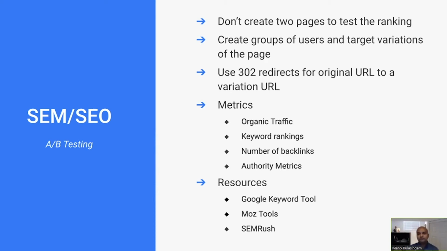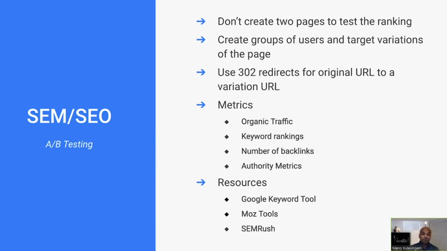In terms of metrics, focus on organic traffic. That's a big part of it. Keyword ranking, number of backlinks is very important, and authority metrics are another key metric that I would focus on. Tools wise, Google keyword tool is the way to go in terms of looking at your ranking on Google.